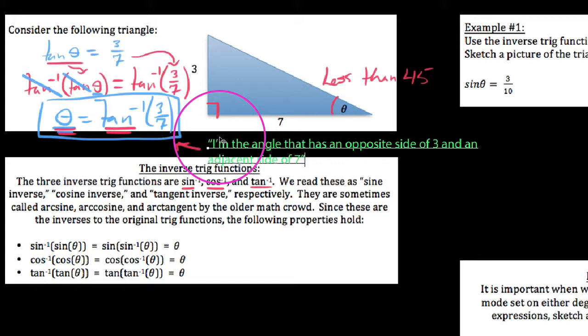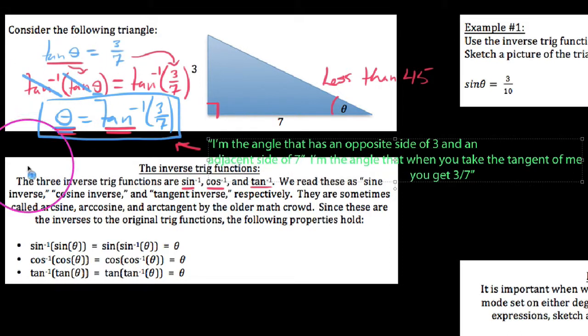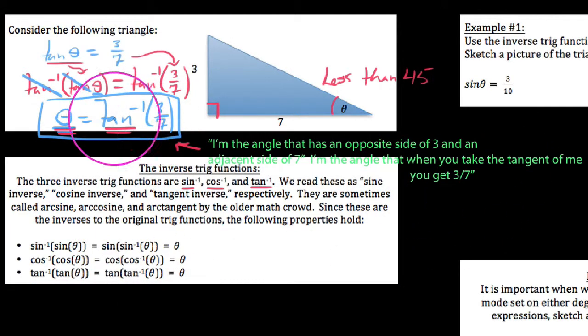Another way to look at this is I'm the angle that when you take the tangent of me, you get 3 divided by 7. Sorry, that's kind of an off color there, that green. But basically, that's what this is saying. So what we want to say is, what angle would it be that when you take the tangent of it, you get 3 over 7?